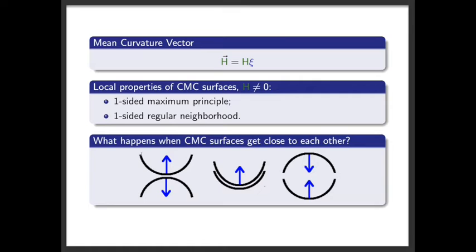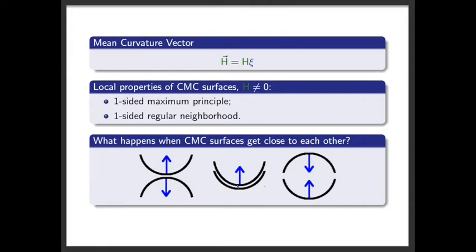If you have two spherical caps getting closer to each other, and the mean curvature vectors are pointing in opposite directions, then you can get them as close as you want, and eventually they touch at one point, where the mean curvature vectors are pointing in exactly the opposite direction.